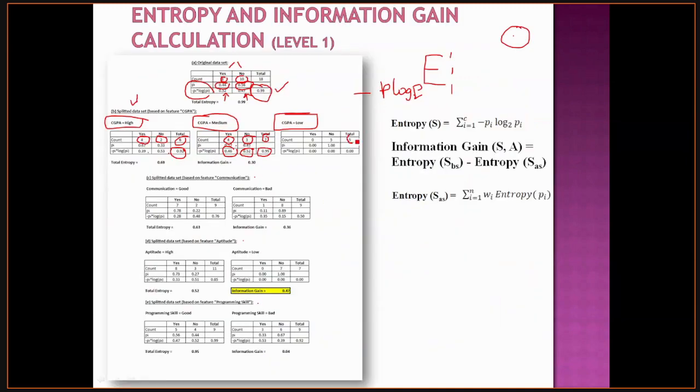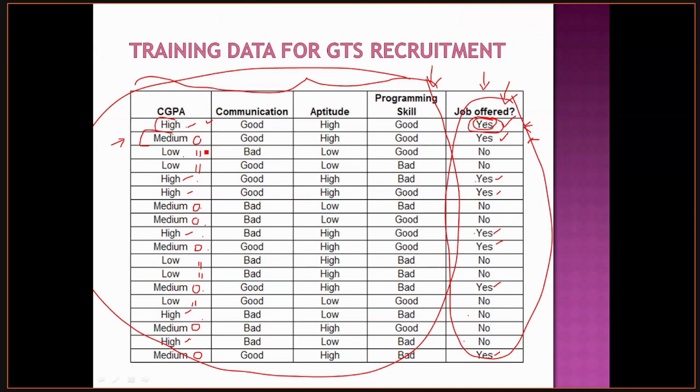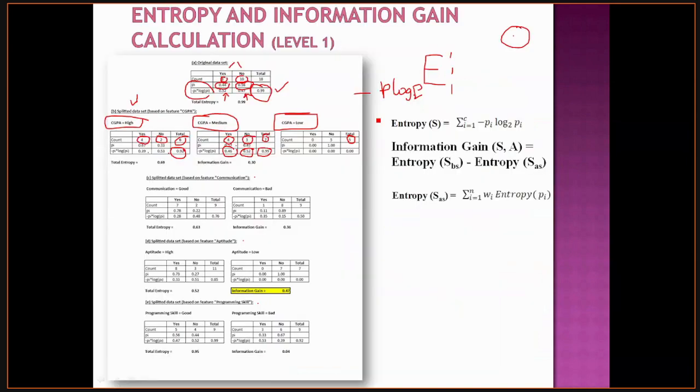And how many of them are yeses? This is no, this is no, this is also no, this is also no, and here also no. So in all cases where CGPA value is low, job offered is no. So yes is 0 and no is 5.